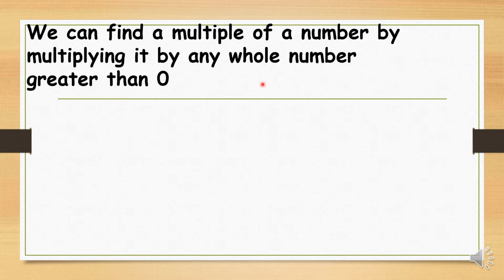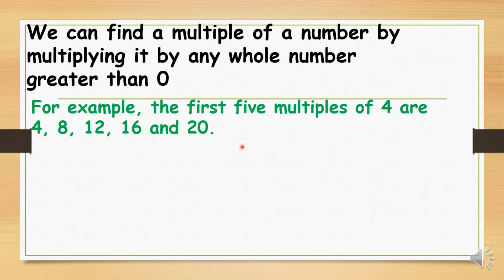For example, 0, 1, 2, 3, 4, and so on. However, to find a multiple of a number, we cannot multiply the number by 0 because that would give us a value of 0. And of course, 0 is not a multiple of any number.